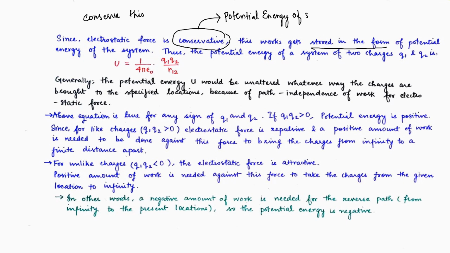This potential energy helps the system to maintain its configuration too, because if these charges are going apart, they are not in the configuration, the potential energy will be changed. If they are coming nearer, again the potential energy will change. So these changes of the potential energy will disbalance the whole system and the configuration will not be maintained.